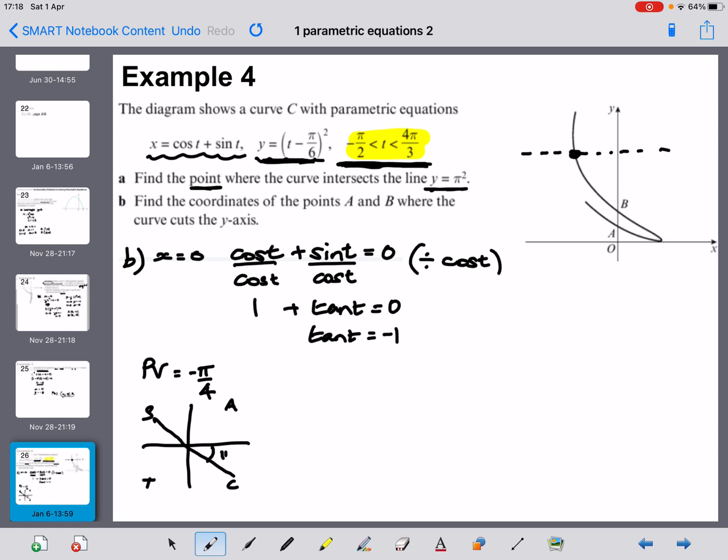So that's going to be π/4, that's going to be π/4. We only need to consider values for t in the domain of the parameter, so between -π/2 and 4π/3.